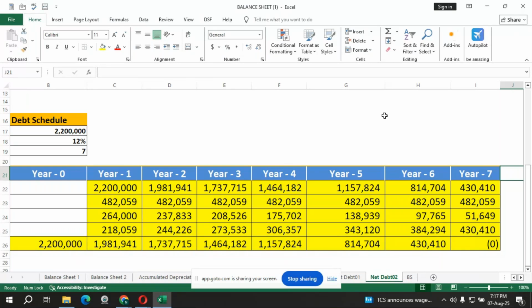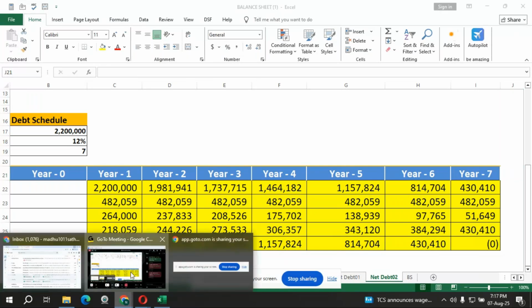Now you can just cross check which calculations, which amount you've gone wrong. For the same reason I've put this up.